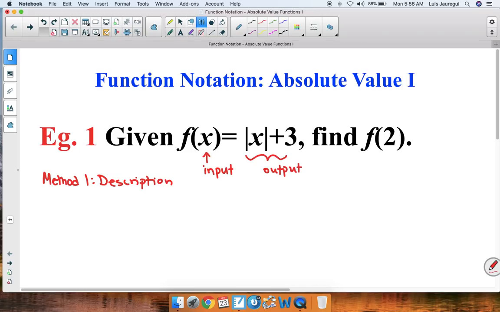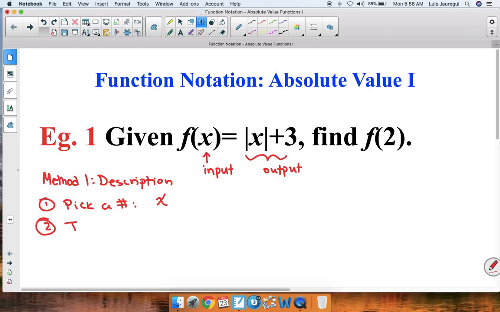Now, if we were to describe the process, we can say that the first thing we're doing is to pick a number. So step 1, pick a number. And such number is your input x. Now, once you have x, the next thing that we're going to do is to take its absolute value to get the absolute value of x.